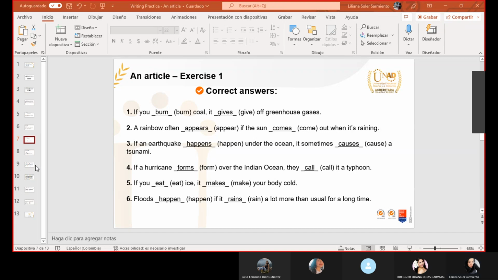Thank you. Begrit, could you read number 4, please? If a hurricane forms over the Indian Ocean, they call it a typhoon. Yes, exactly.